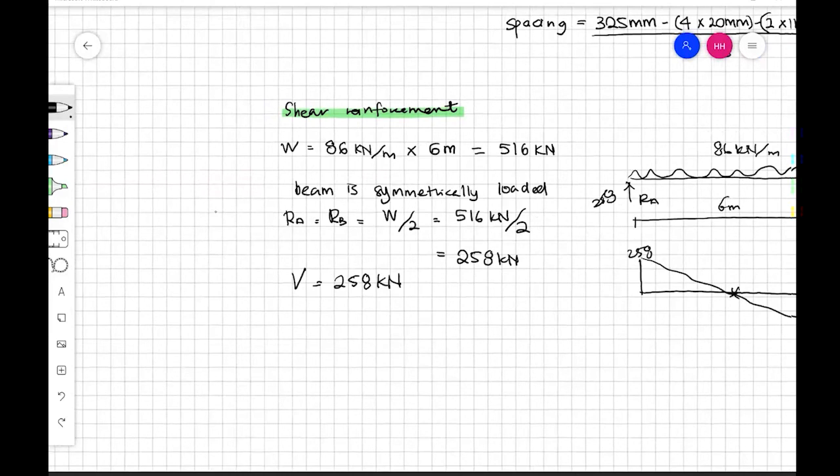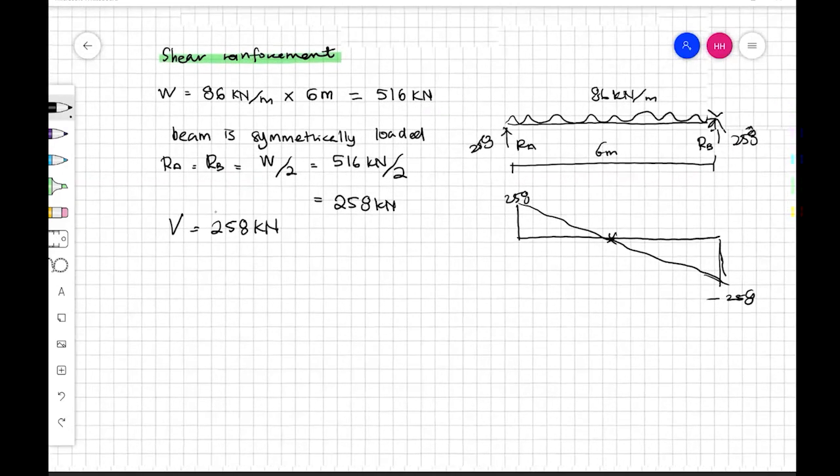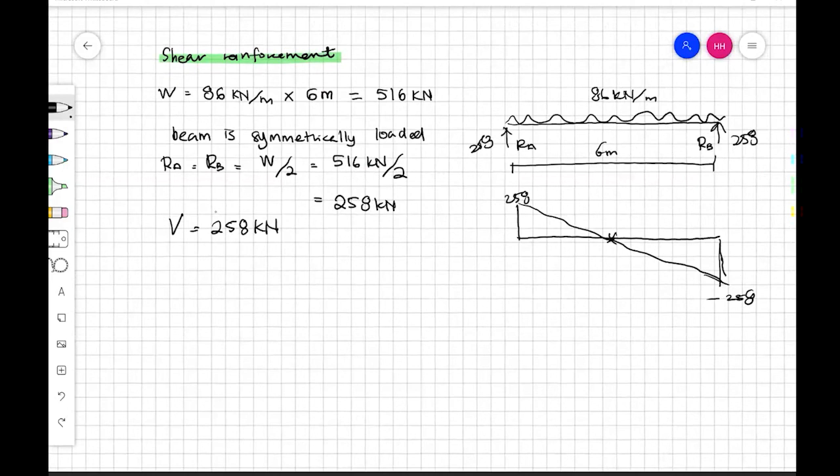Alright, so after that we need to find the shear stress at the cross section. We already know the maximum shear force, so we can get the shear stress at the cross section. We have this 258 times 10 to the power of 3 Newton, because we converted it to Newton. We want the unit in Newton over mm square.